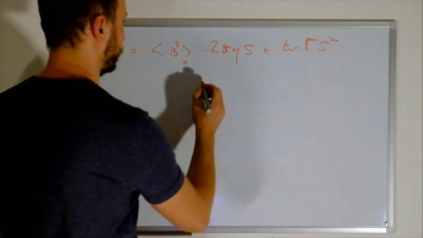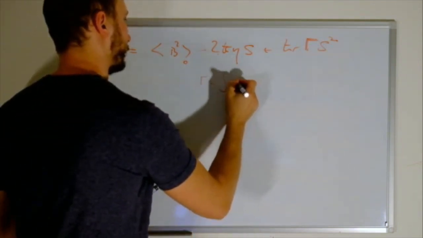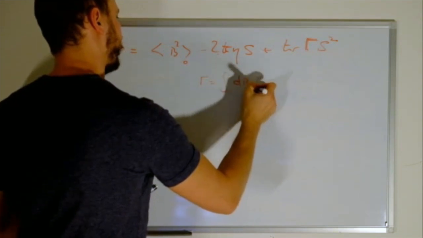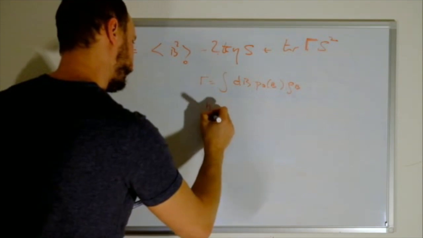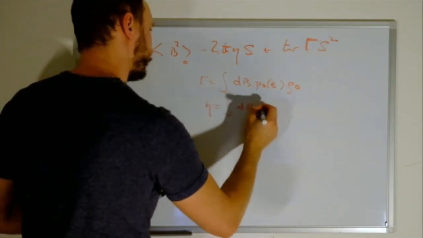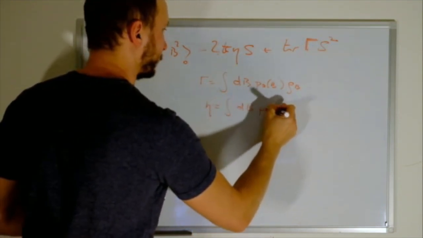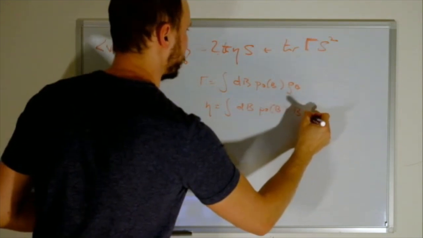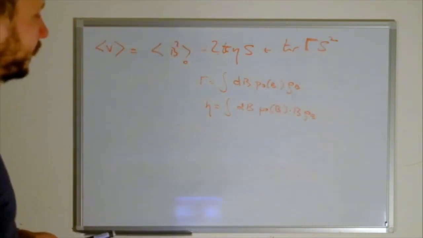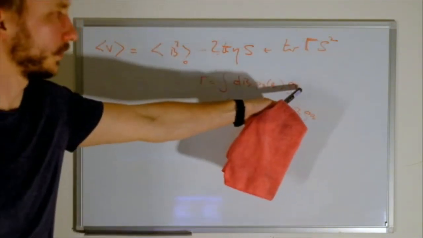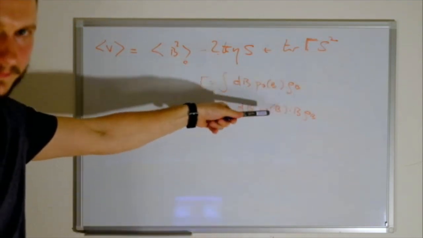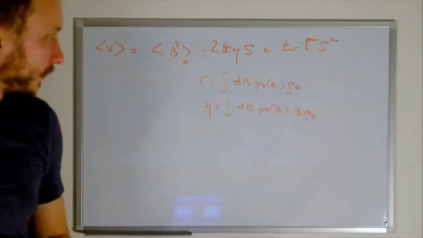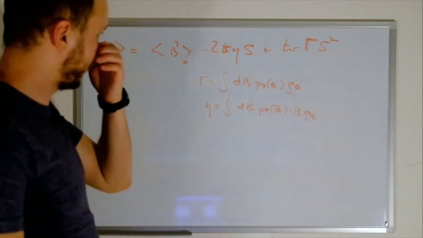And gamma is equal to the average density matrix, and eta is given by kind of the same story but with a b times the density matrix. So with these operators we can just compute them once we have the prior and have a model. So we know both of the things. We compute the operators, they actually define our problem, and from this we can move on.